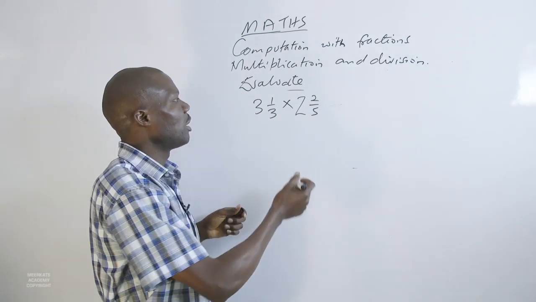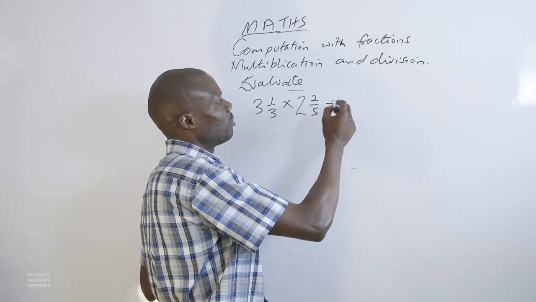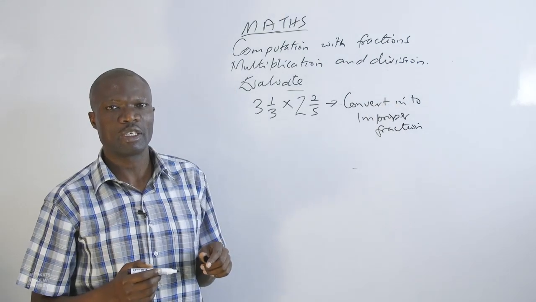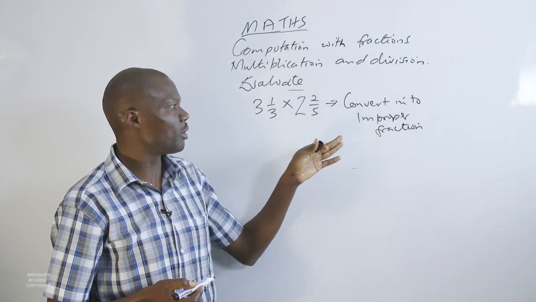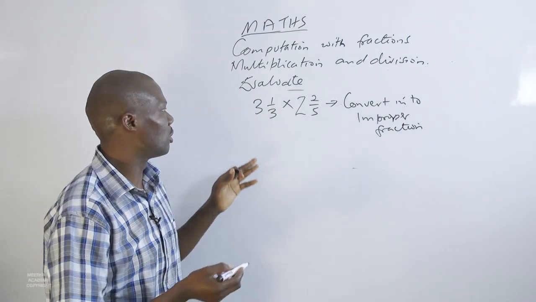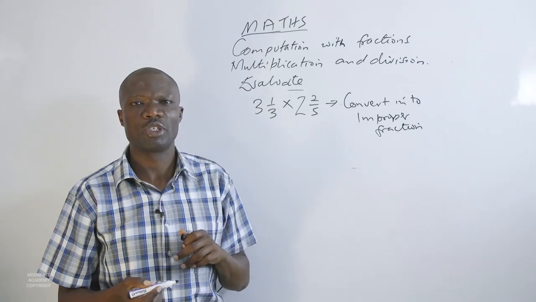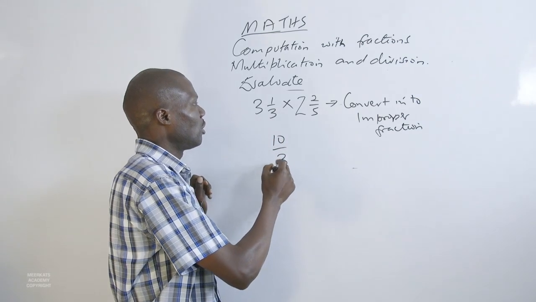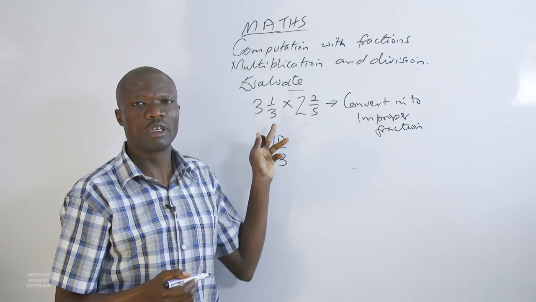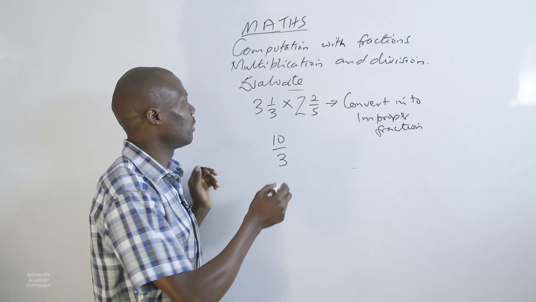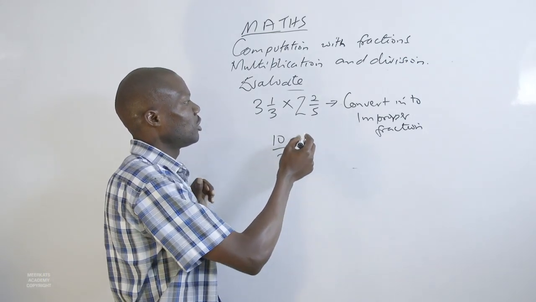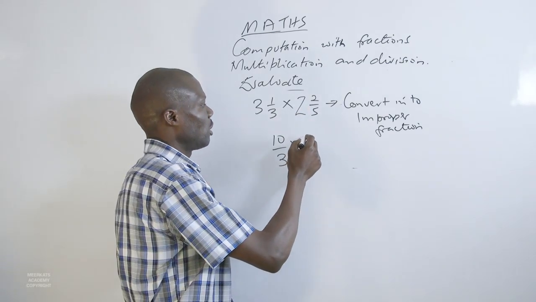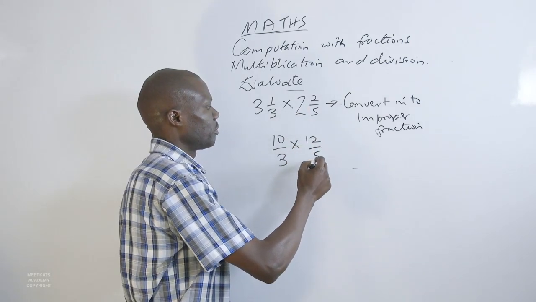So in this case, we shall first be required to convert into improper fractions. So 3 times 3 is 9, plus 1 is 10. So this is the same as 10 over 3. 2 times 5 is 10, plus 2 is 12.